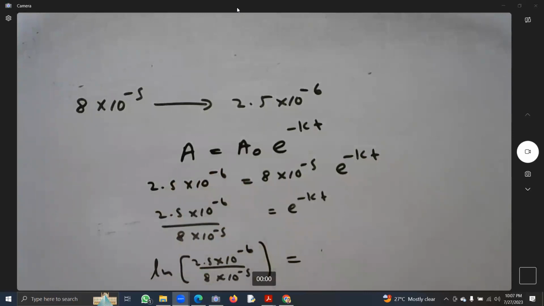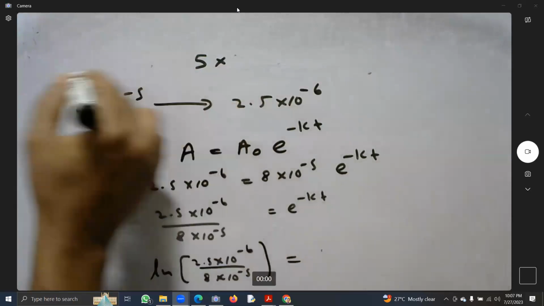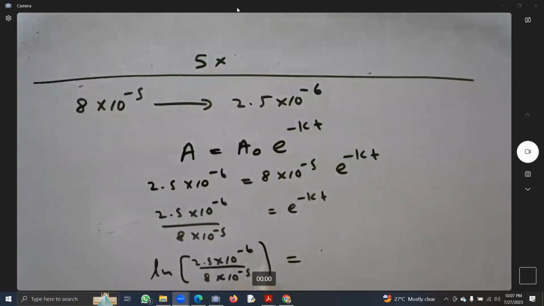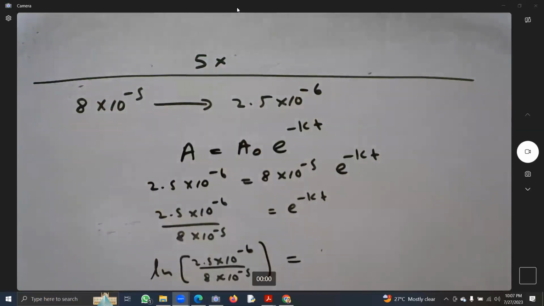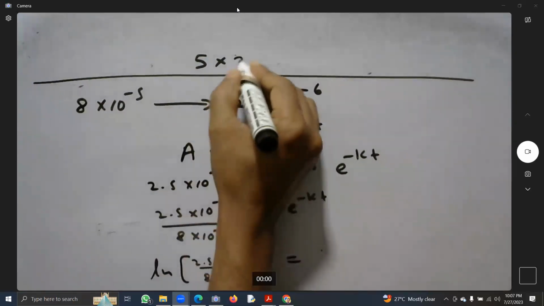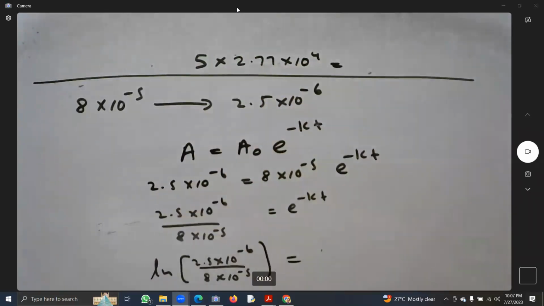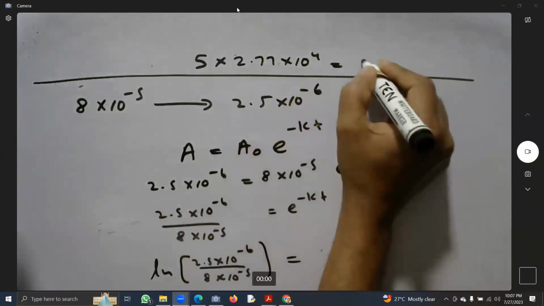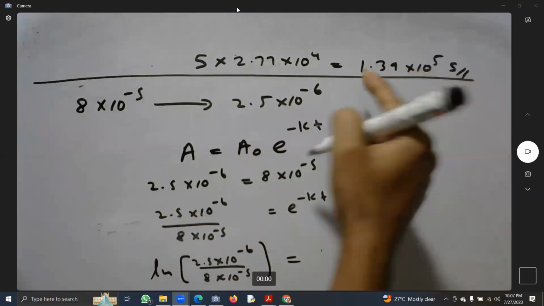How much is the answer? 5 half-lives. The half-life was 2.77 into 10 to the power 4, which we finished in the earlier part. Therefore, the time is 1.39 into 10 to the power 5 seconds. That's the final answer for the earlier part.